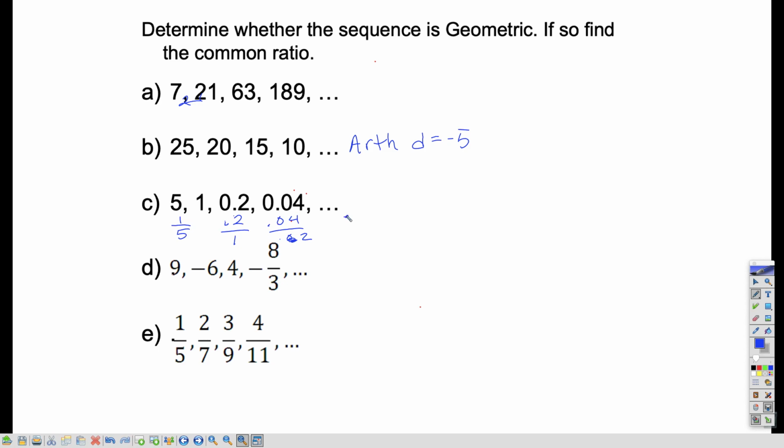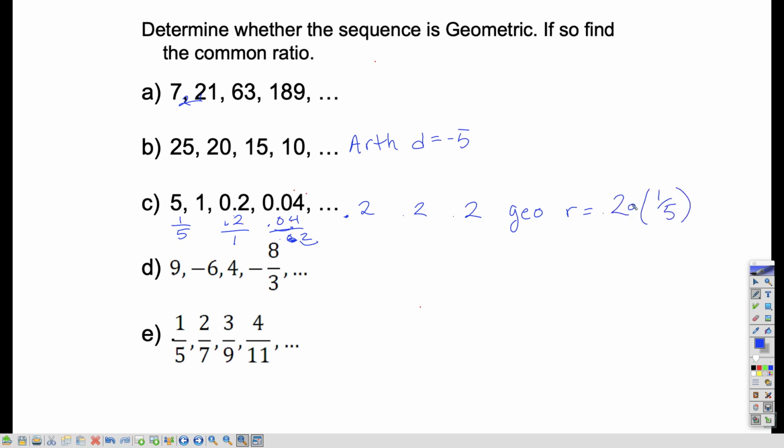Well, 0.2 divided by 0.2 is 1, and then taking this over that, I have to move it over, and it would be 0.2. So arithmetic or geometric? Geometric. And R equals 0.2 or 1/5.